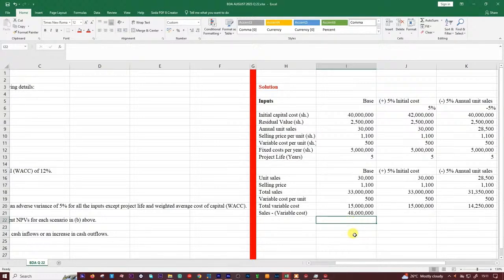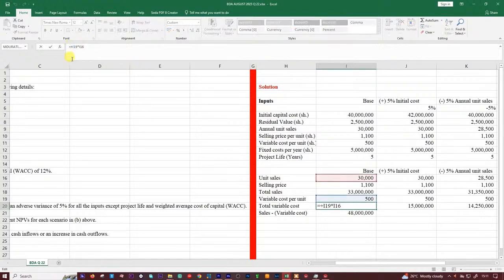But there's one thing. The variable cost is a cost. Please note. So what we're supposed to do is put this in form of a negative sign there. Apologies for that. Put a negative, put it like that.